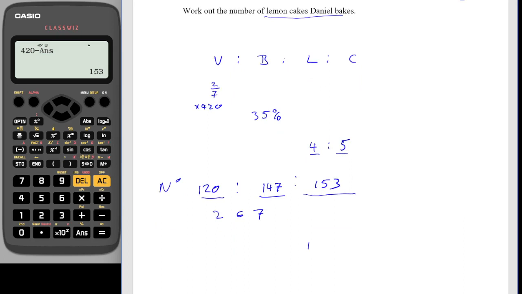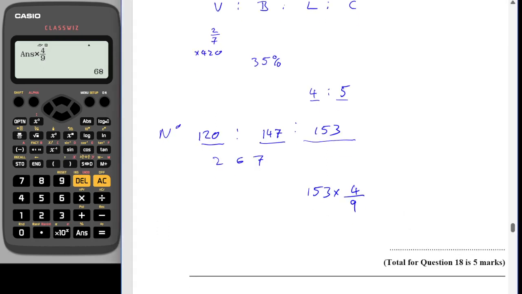Or actually it's probably easier to say 153 times by 4/9. We get 68 lemon cakes.